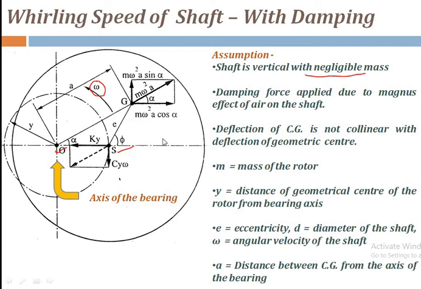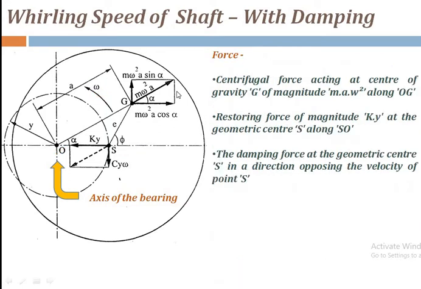Let small m equal to mass of the rotor, y represent distance of geometrical center of the rotor from bearing axis, e eccentricity, small d diameter of the shaft, omega angular velocity of the shaft, small a represent distance of CG from the axis of the bearing.